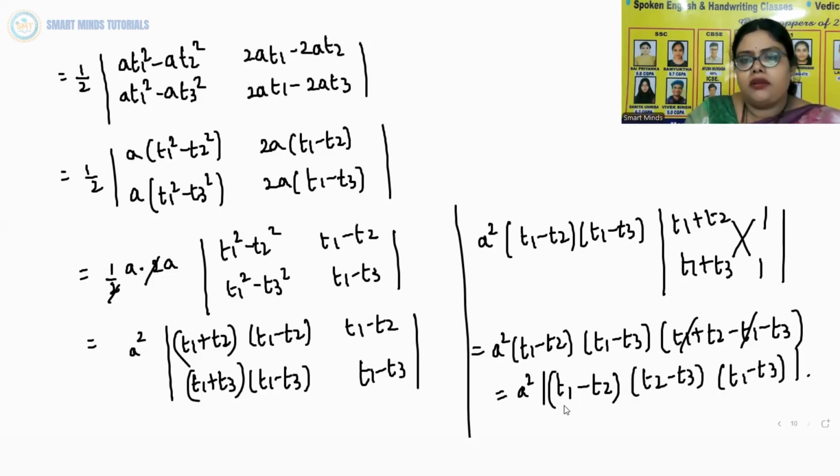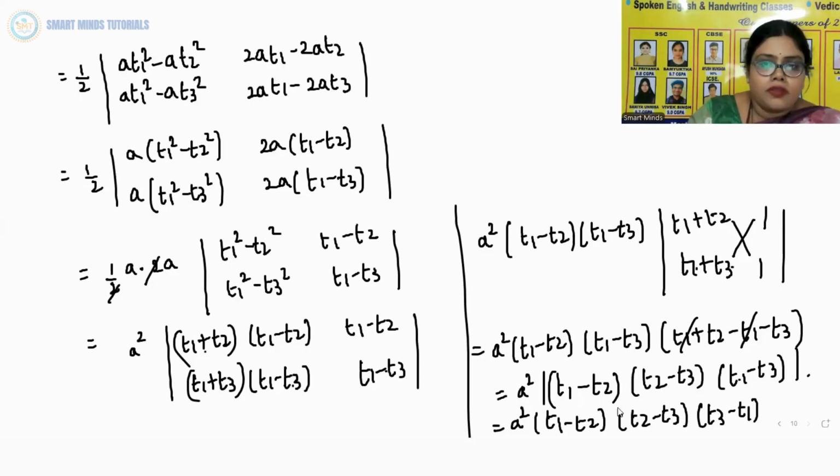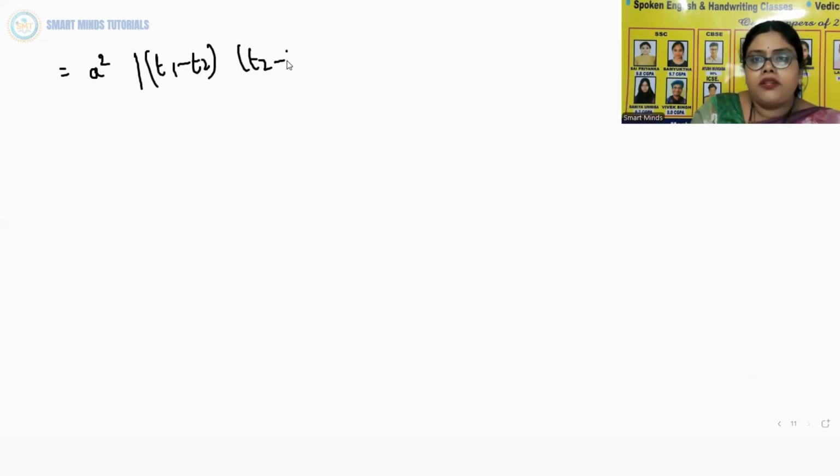If you take minus common from the third term, we can write it as t1 minus t2 into t2 minus t3 into t3 minus t1. Now after we get this, once again I write it over here, a square mod t1 minus t2, t2 minus t3 and t3 minus t1.